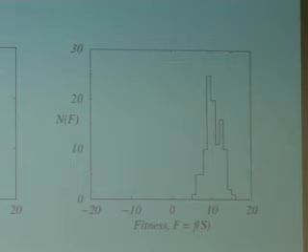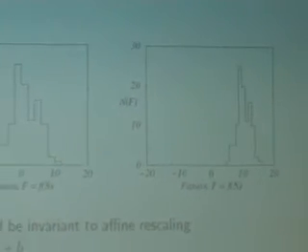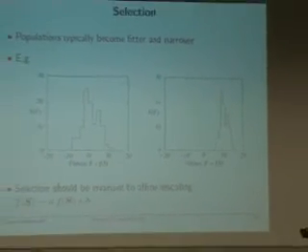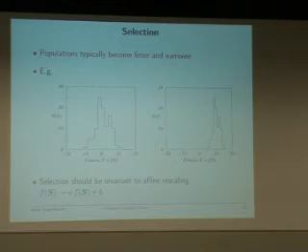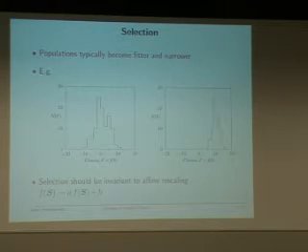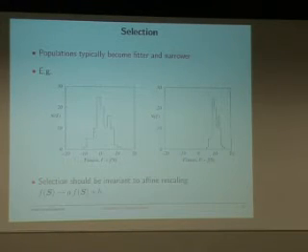So you want selection mechanisms that are invariant under what's called affine rescaling. You can rescale your costs in some linear way, and you want your selection mechanism to be the same irrespective of that.